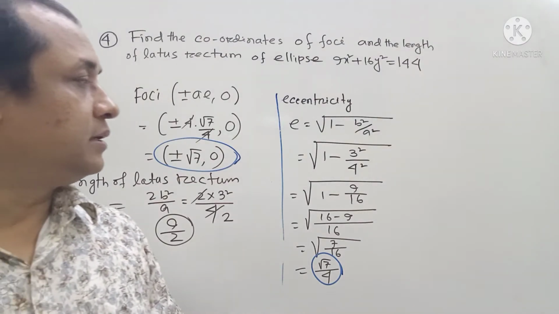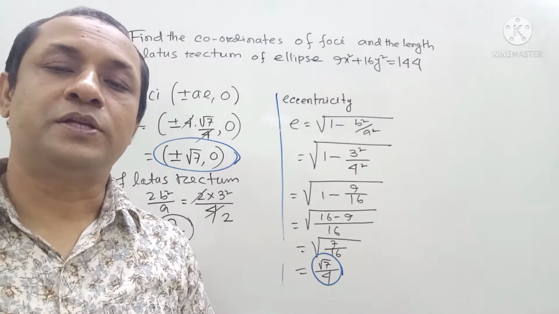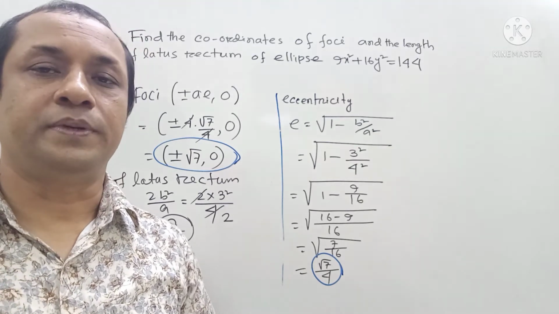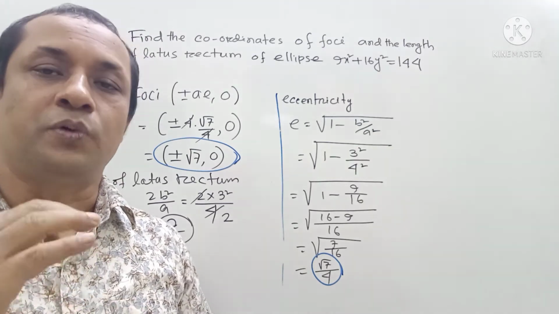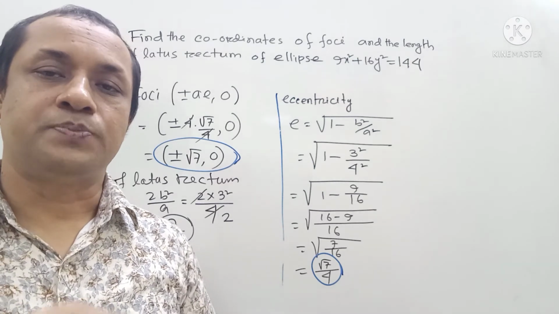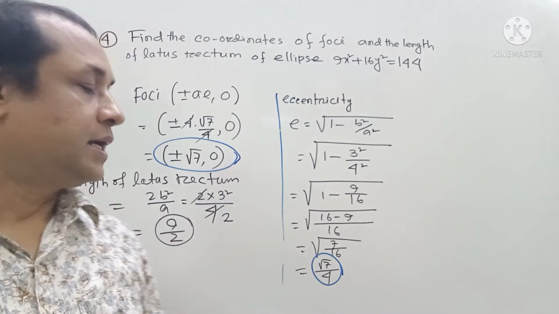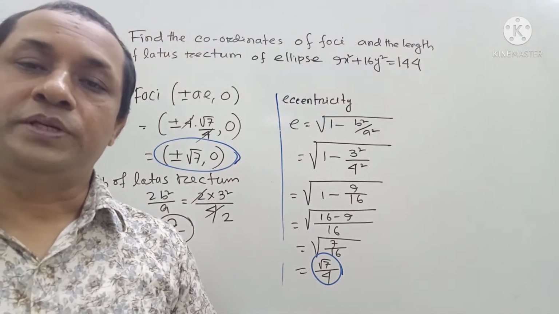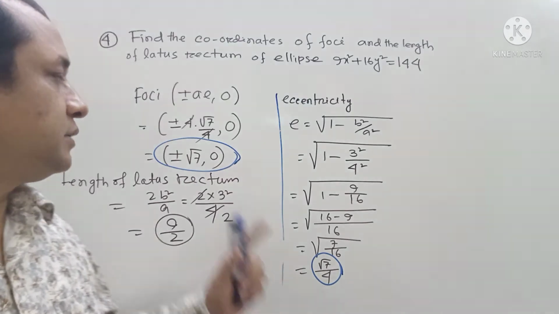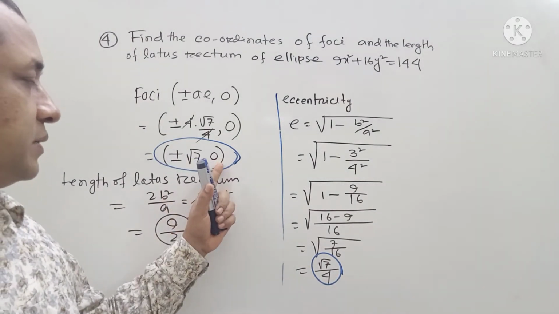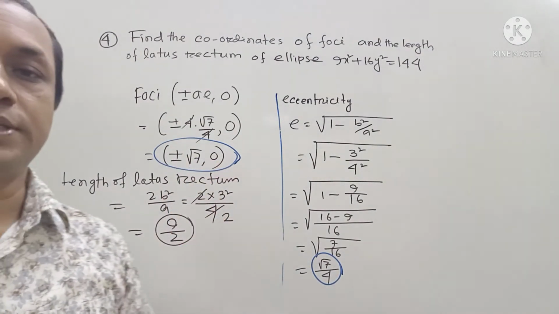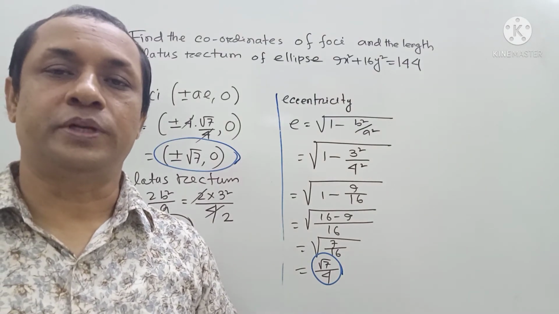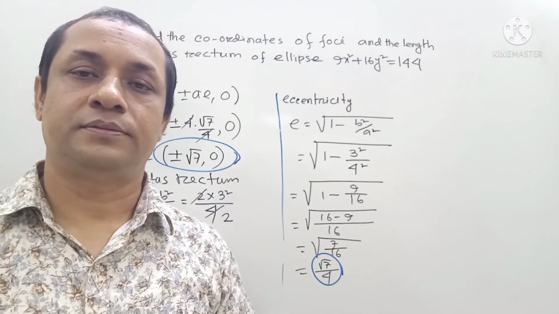You have learned eccentricity e equals root over 1 minus b square by a square when a is greater than b, the coordinates of the foci are plus minus ae, 0, and the length of the latus rectum equals 2b square by a. So the result will be plus minus root 7, 0 and the length of the latus rectum 9 by 2. I hope, students, you are clear.